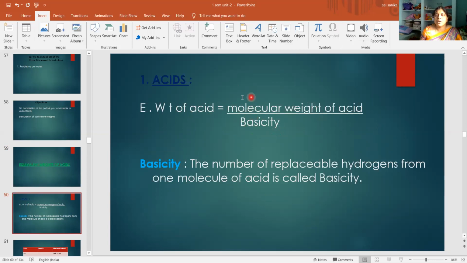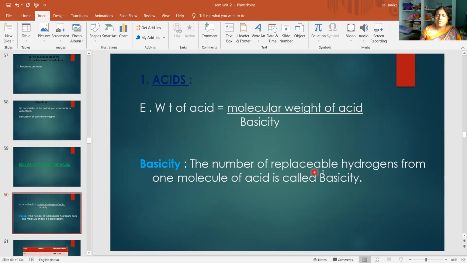So you should know the molecular weight and you should know its basicity. You know what is meant by molecular weight and how to calculate it, but you don't know basicity. What is meant by basicity?